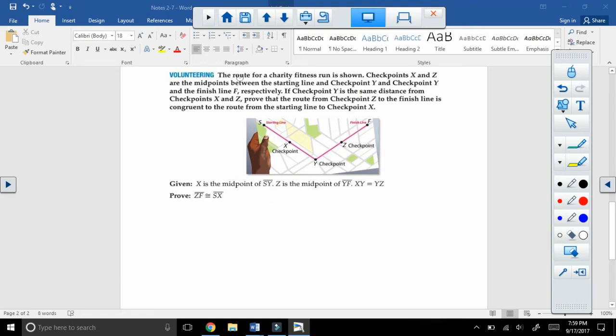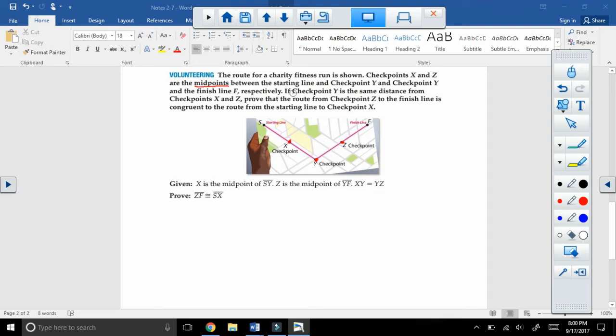In this last proof, we have some information here. It says the route for a charity fitness run is shown. Checkpoints X and Z are the midpoints between the starting line and checkpoint Y and checkpoint Y and the finish line, respectively.